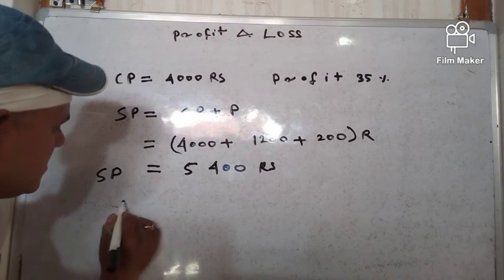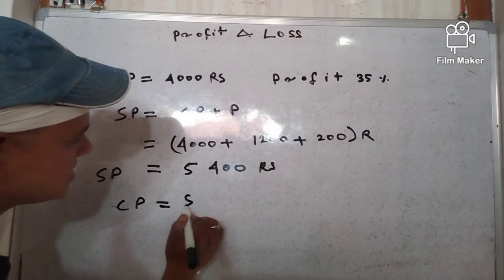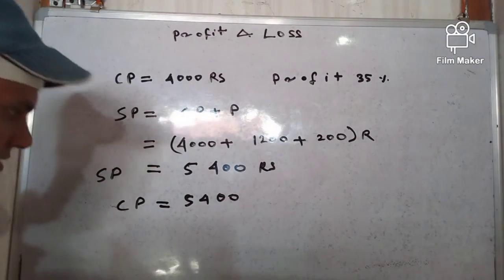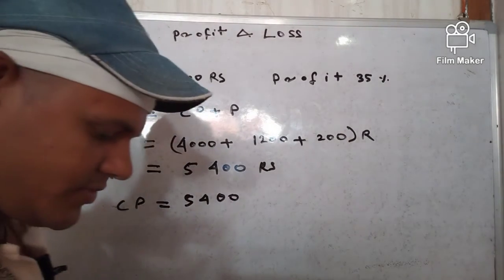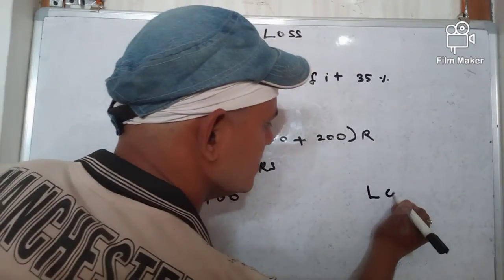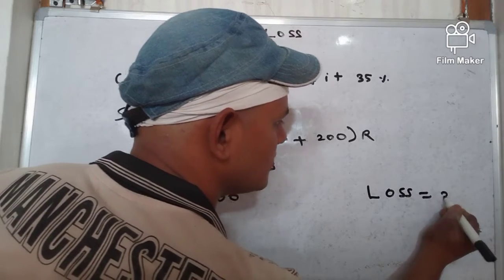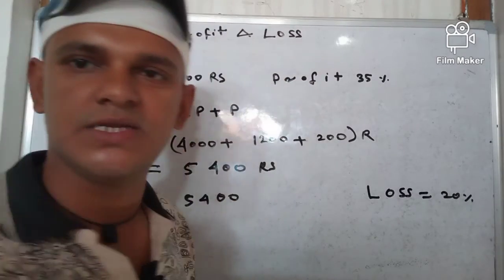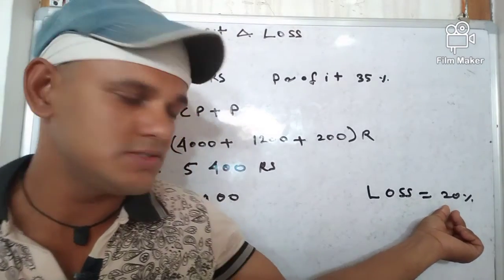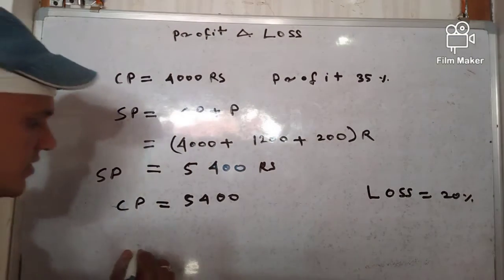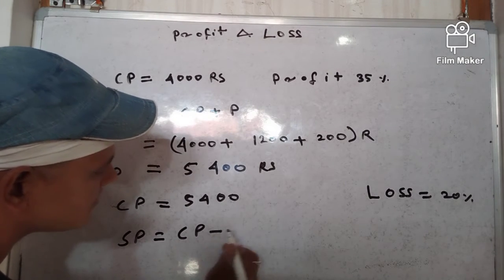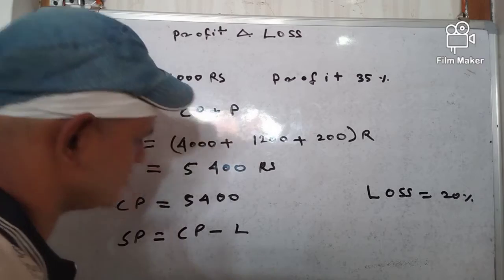Now this is CP, 5400, and he got a loss of 20%. Now he got a loss equal to 20%.